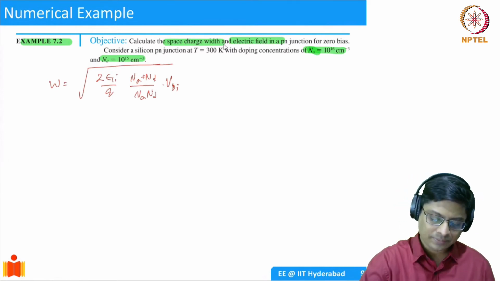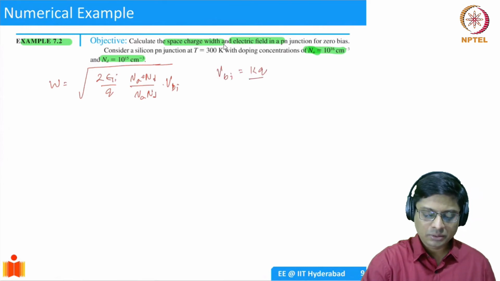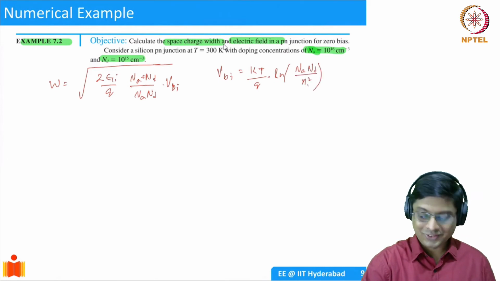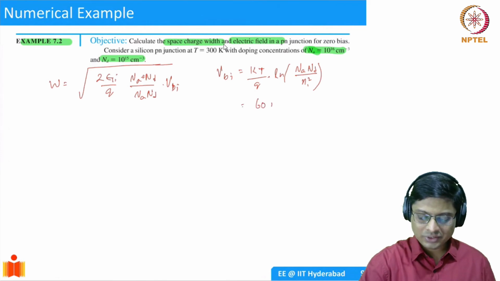What is VBI? VBI is going to be kT by q ln of NA ND by ni squared. So, this is the number we calculated already. This was 60 millivolts into 31 into 11.